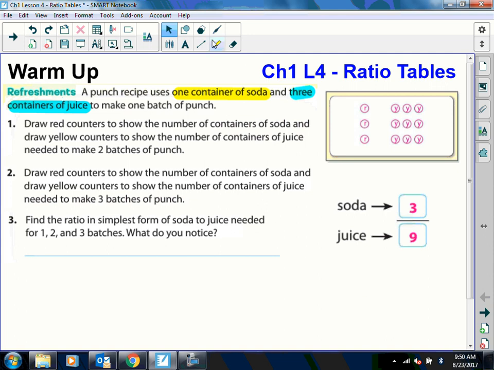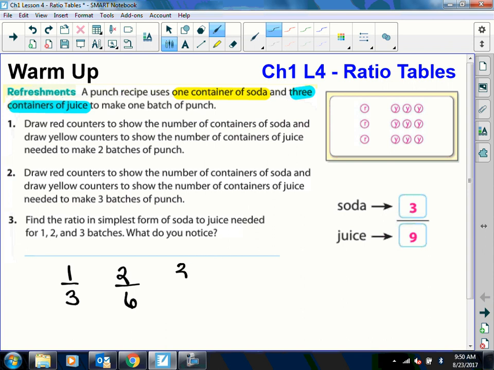Now, what do we notice? Okay, so the first ratio was 1 to 3. The second ratio was 2 to 6. And the third ratio was 3 to 9. Right? What do you notice with those ratios? Yes, yes they do.